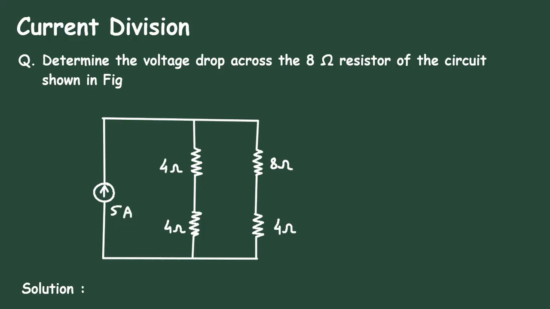So it is equal to 38 divided by 9 plus 9 plus 1. So it is 2 ampere. So the total current I is equal to 2 ampere. So this is how we can find current.